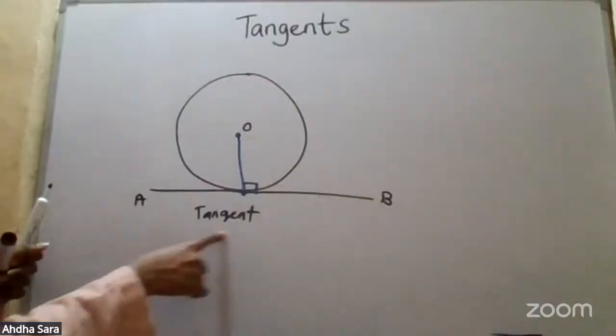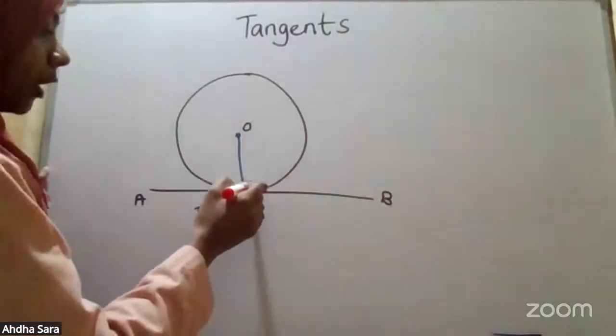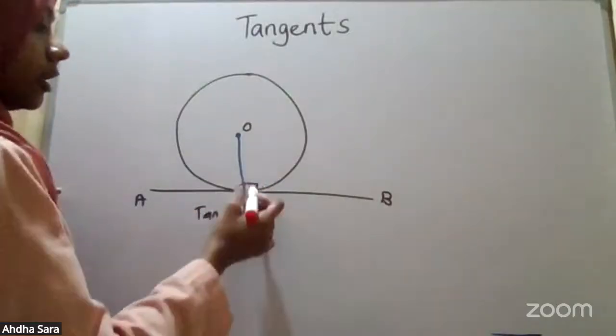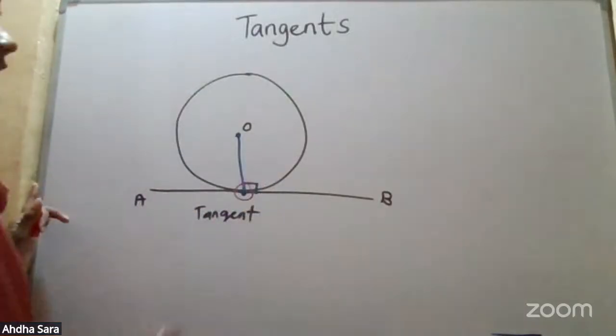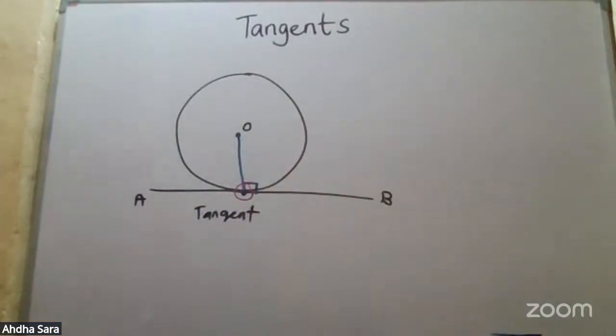So to prove this as a tangent, you have two conditions. One, it should pass through a point on a circle, and it should be perpendicular to the radius of that same circle.